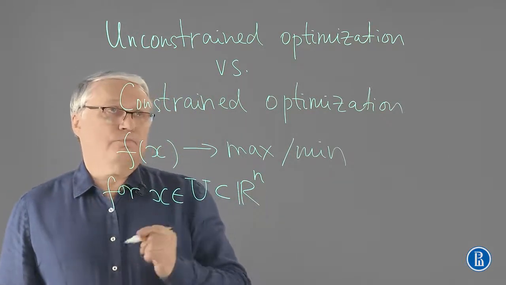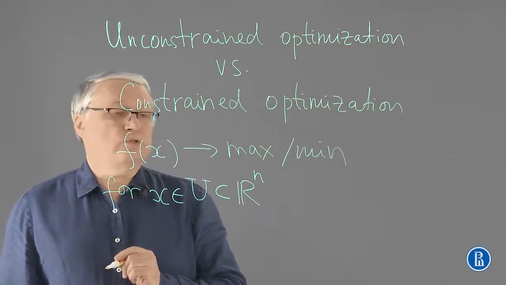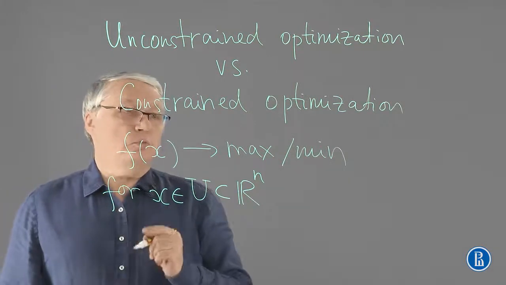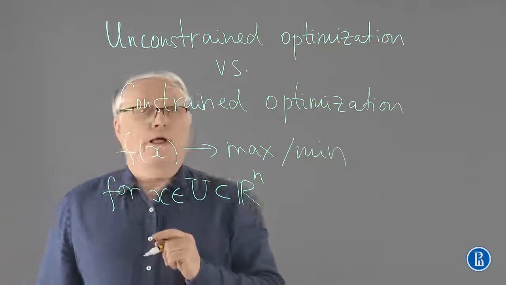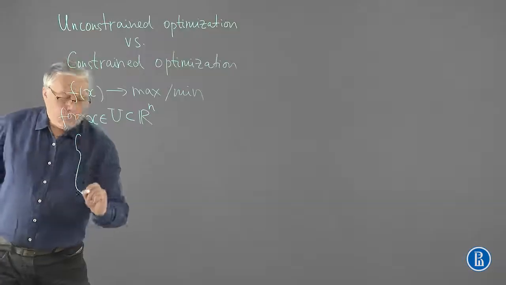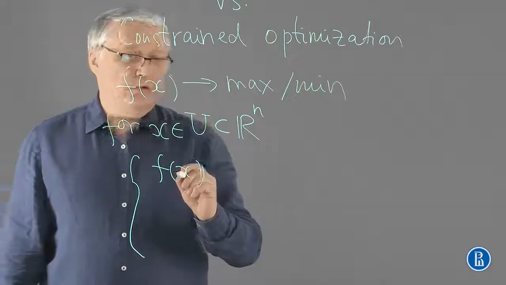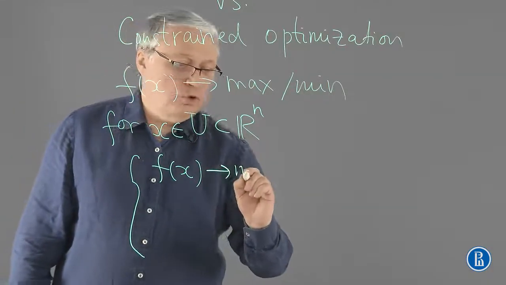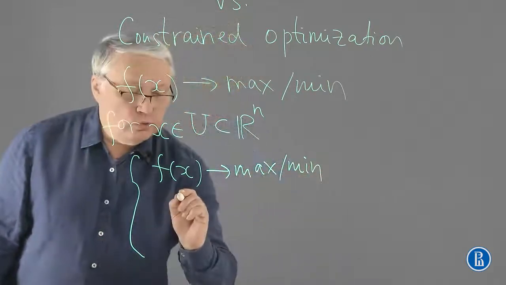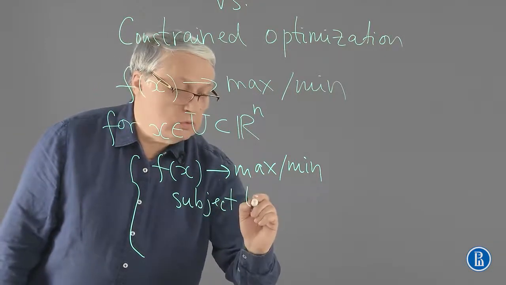And we start our discussion of how these problems are being solved from the unconstrained case, which is considered more simple than constrained optimization. In constrained optimization problems, once again we have a function which we'll call an objective function of the problem, which should be maximized or minimized subject to some constraint or constraints.